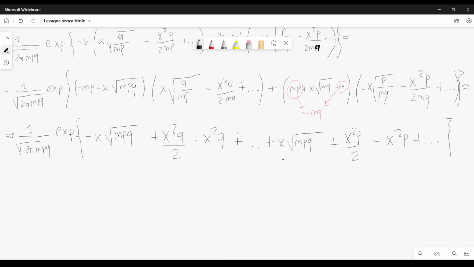Now you can see that this term, which is the largest inside this exponential, will cancel this one. It is the largest because it multiplies square root of n, but that will cancel.